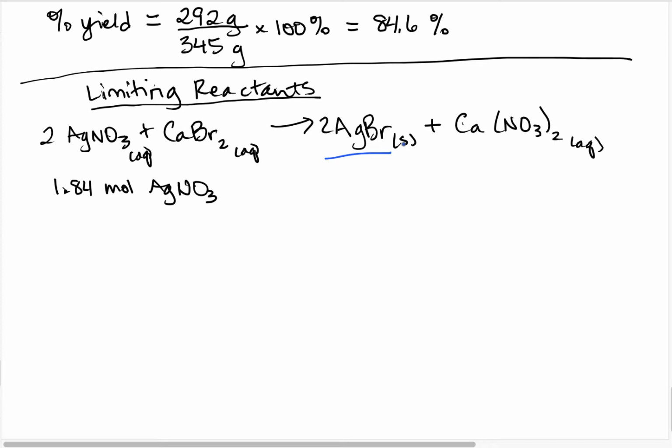But sometimes when we are doing a problem where we're given some information about reactants, we actually receive information about both reactants, or if there's more than 2 reactants, maybe we have some information about all of them. So this might look like where we have 1.84 moles of silver nitrate, and we also find out that we have 0.846 moles of calcium bromide.